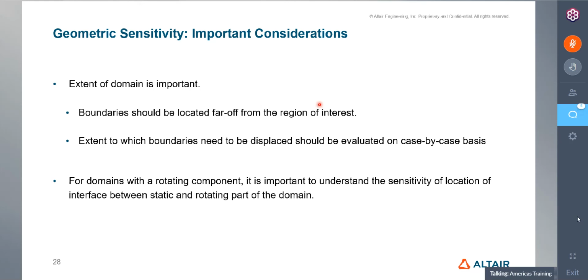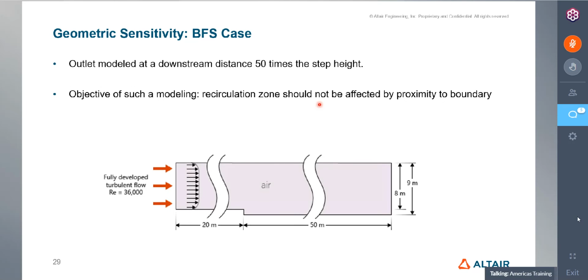Keep in mind that your geometry is sensitive to a lot of these things. If we bring the walls in close to our model, those walls could have an effect on the flow of our part if we bring them too close to our actual geometry, for example.